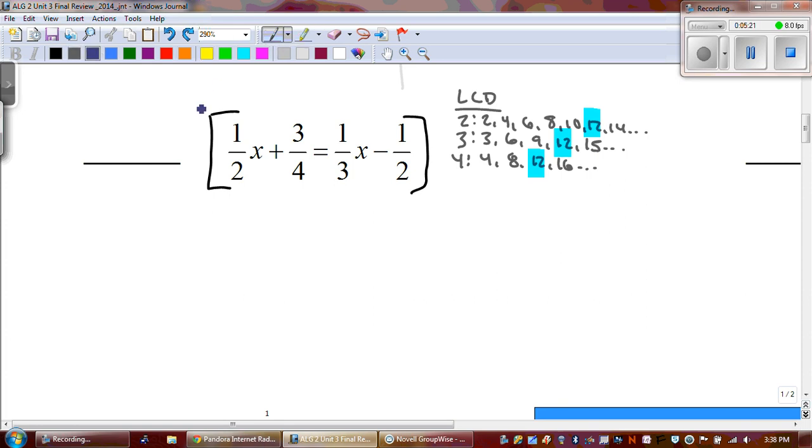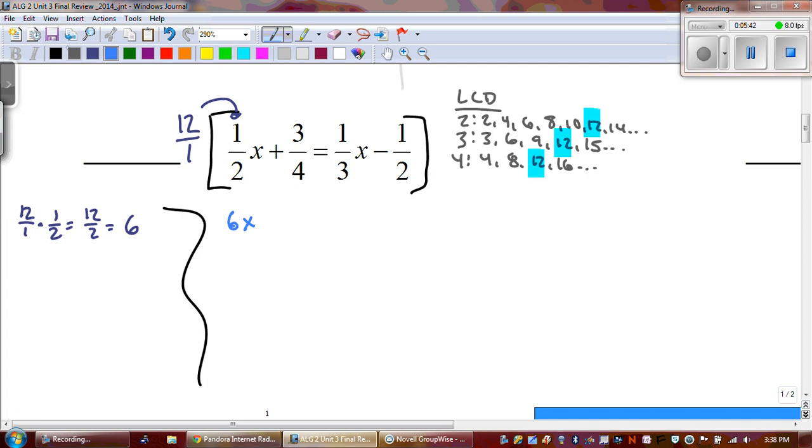And now when we multiply, we're multiplying by 12 over 1. So off to the side, 12 over 1 times 1/2. If you just multiply straight across, you get 12 over 2, which is 6, so 6x. And now we have 12 over 1 times 3 over 4.